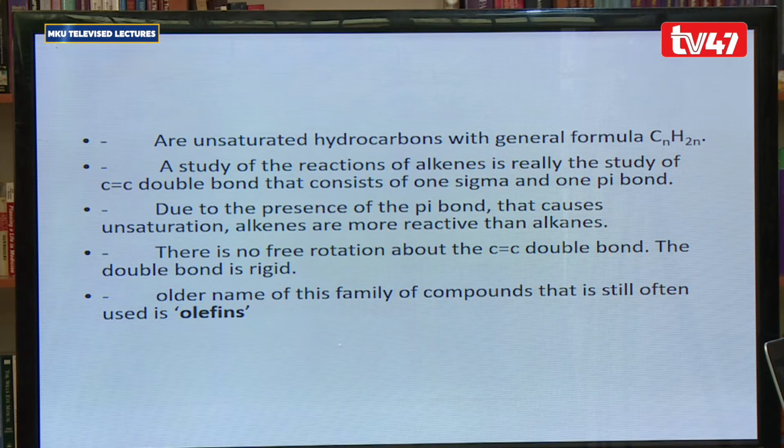Now, the difference between alkenes and alkanes is based on only one factor: the existence of at least one carbon to carbon double bond. And earlier on, we had talked about hybridization.